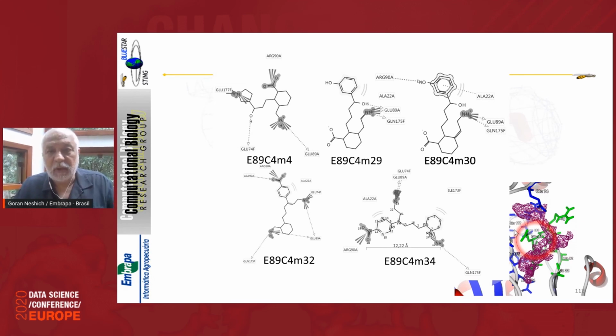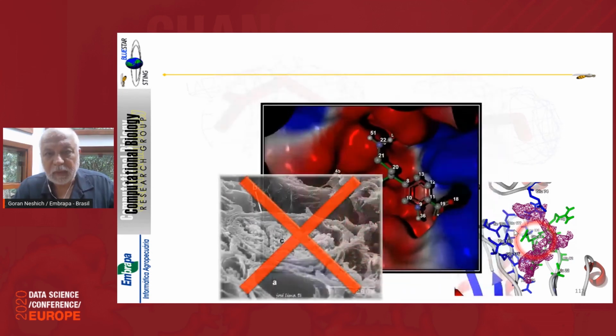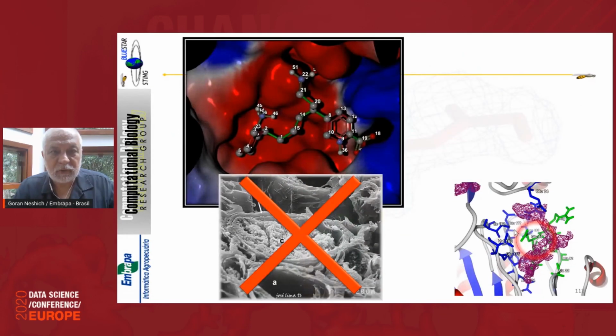Right now, we succeeded in synthesizing one of these compounds that I show you. We also purified the whole protein, so we can try experimentally to see whether our computational biology idea is actually working in a real experiment. So here is a three-dimensional picture of what we designed.